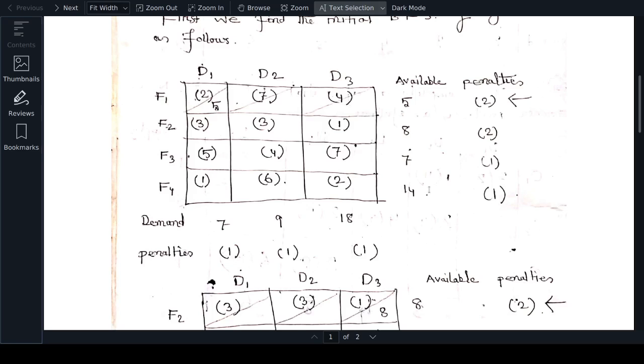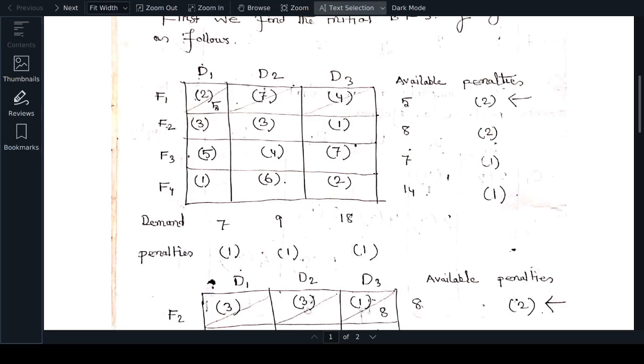And third row, 1 and 2, difference is 1, so 1. Then first column, 1 and 3, penalty will be 2. Second column, 3 and 4, difference is 1, so penalty is 1. And third column, 1 and 2, so penalty will be 1.